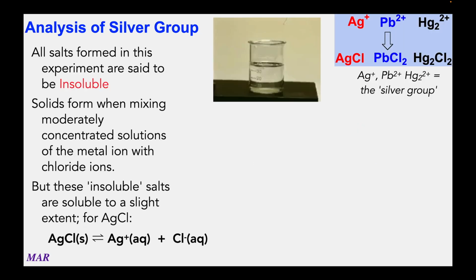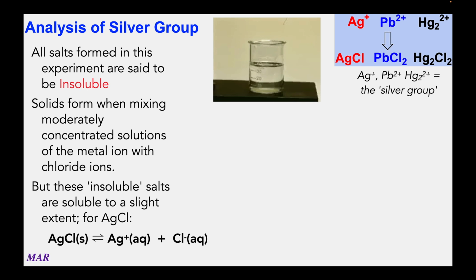The silver group is 3 ions, the silver plus, the lead 2 plus, and the mercury 2 plus ions, and they all react very similarly to each other. And so in this example, when you add chloride to any one of those, they all form insoluble compounds, all right? You see a precipitate.